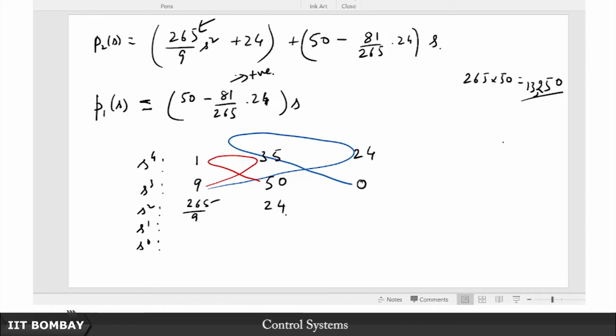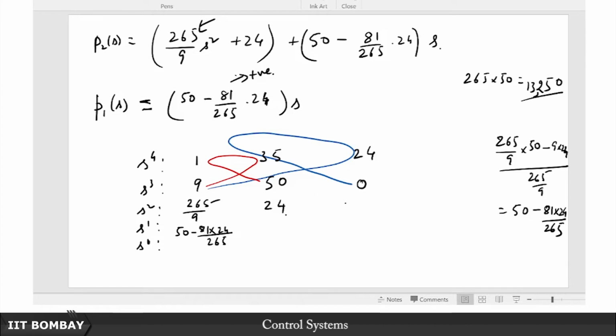Let me do that rough calculation. 265 by 9 into 50 minus 9 into 24 divided by 265 by 9, which is nothing but, notice the same term, unsurprisingly, minus 81 into 24 by 265. So that's the same term. So we get back here 50 minus 81 into 24 by 265.